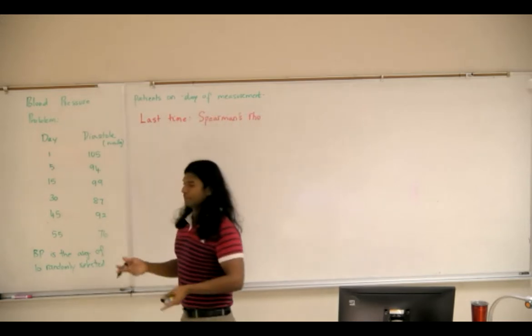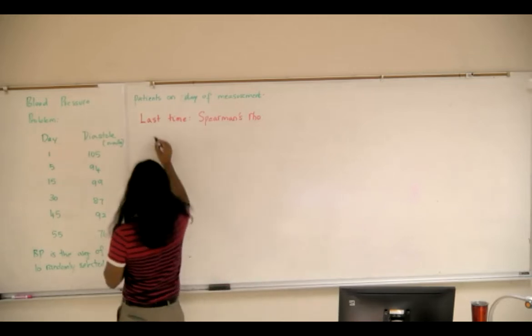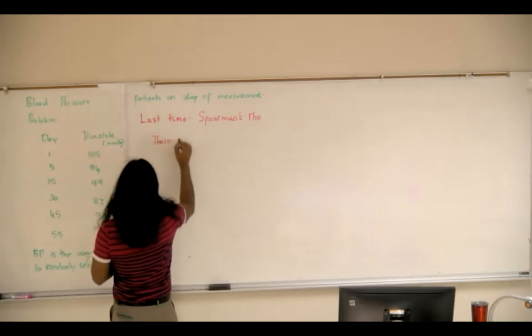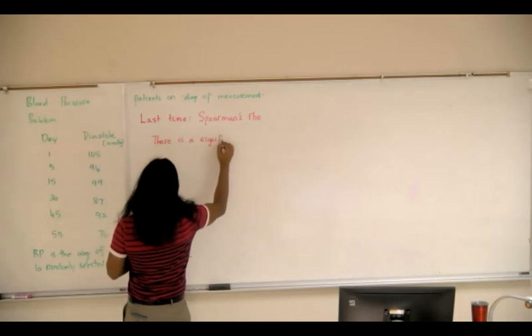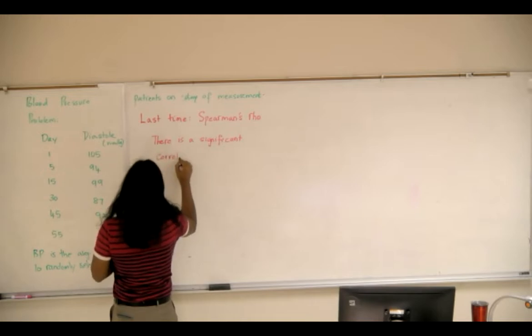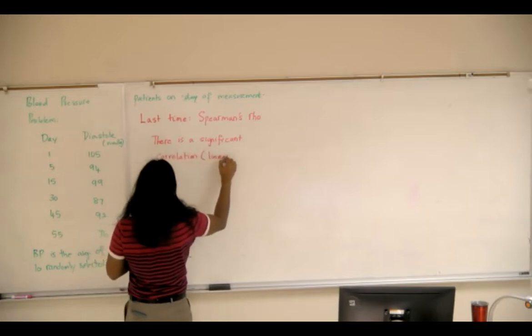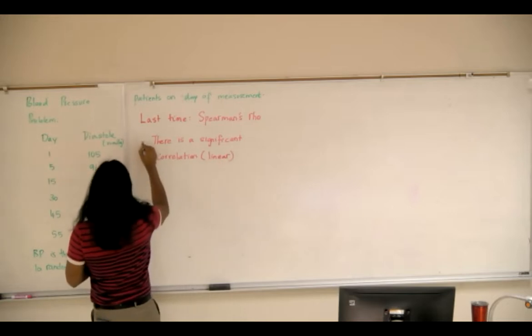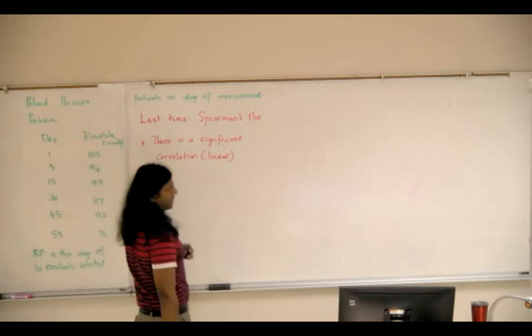And what did that reveal? We concluded that there is a significant correlation. We're talking about a linear correlation, so let's be specific. And what was the estimate for rho?